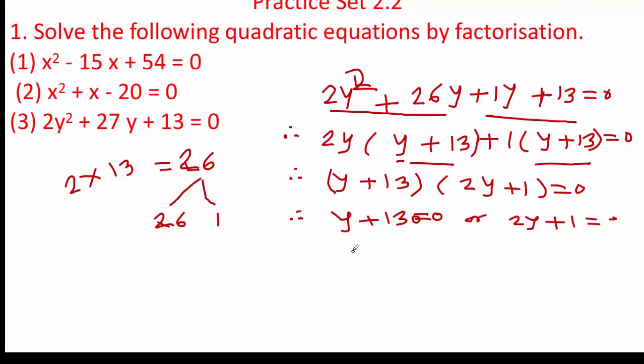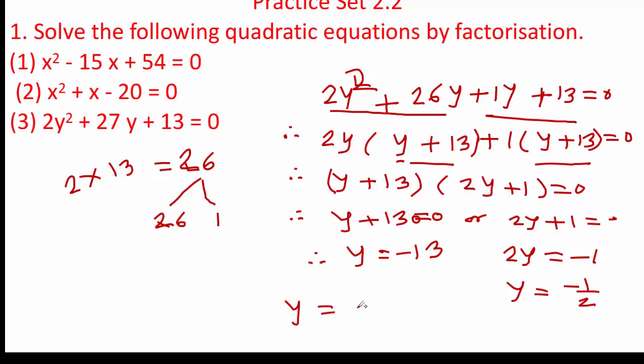From y plus 13 equal to 0, I can conclude y equal to minus 13. Transfer 13 to the right hand side. And 2y equal to minus 1. And hence y equal to minus 1 by 2. Therefore, solutions of the equation are y equal to minus 13 and minus 1 by 2.